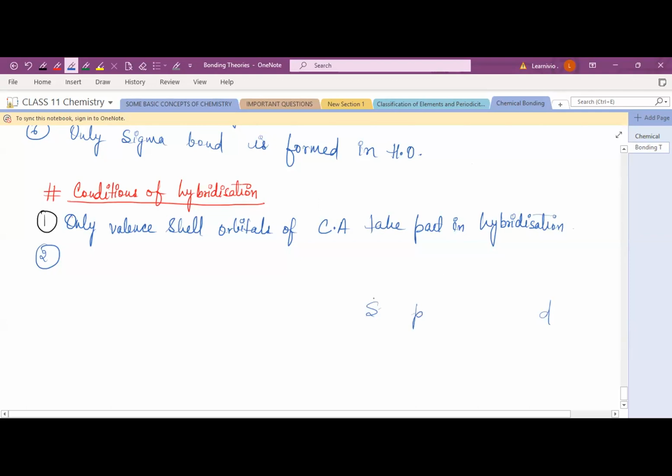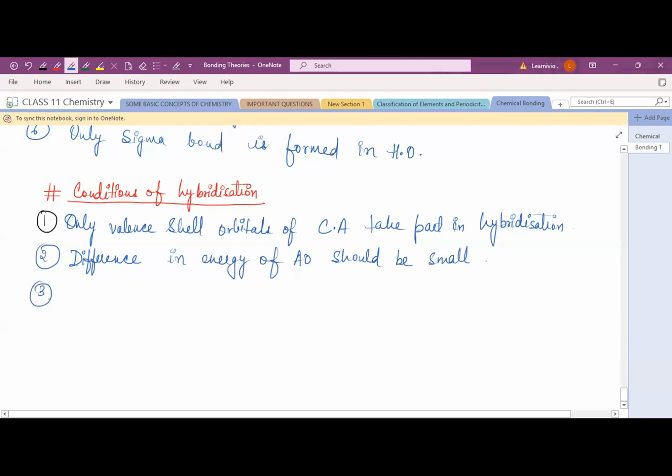When you compare the energy difference of s and d, and s and f, they don't intermix with each other to create a hybrid orbital. So the energy difference of the atomic orbitals should be small. That's the second condition.